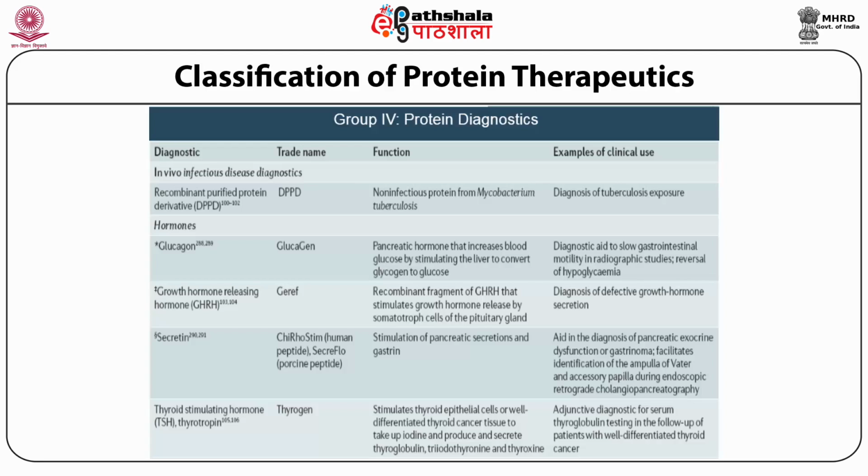So glucagon has application as a diagnostic aid to slow gastrointestinal motility in radiographic studies and reversal of hypoglycemia. Similarly, the growth hormone releasing hormone is helpful in the diagnosis of defective growth hormone secretion. On the other hand, thyroid stimulating hormone or thyrotropin has application as an adjunctive diagnostic for serum thyroglobulin testing in follow-up patients with well-differentiated thyroid cancer.